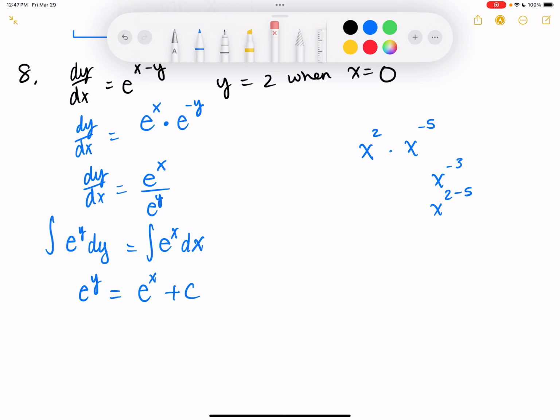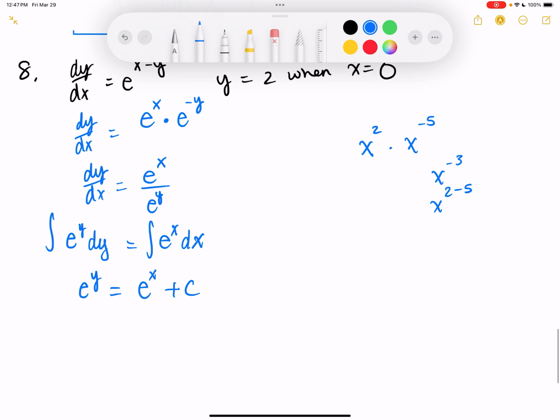Okay, so then we would have e to the 2 is equal to e to the 0 plus c. E to the 0 is what? 1, so that's going to be e squared is equal to 1 plus c. So e squared minus 1 is equal to c, which we could find that number, which should be like 7 something, I think.